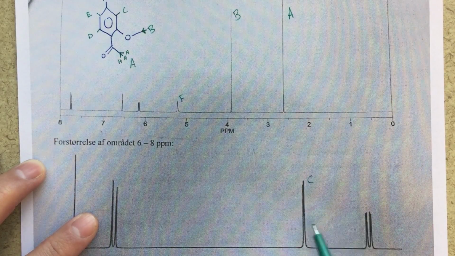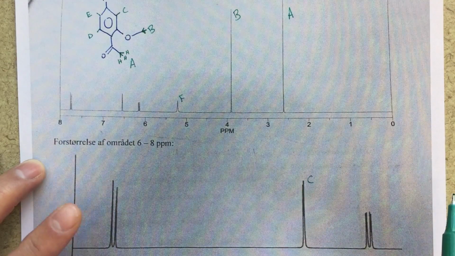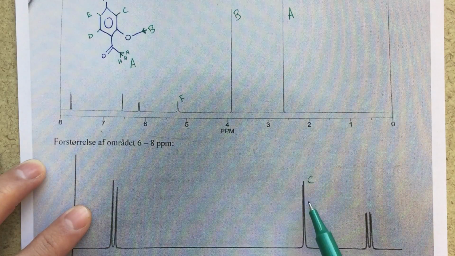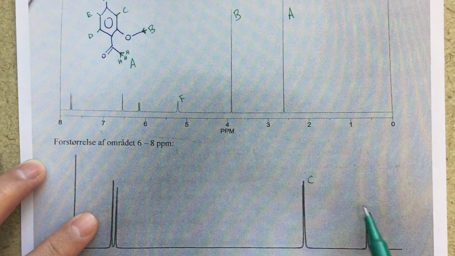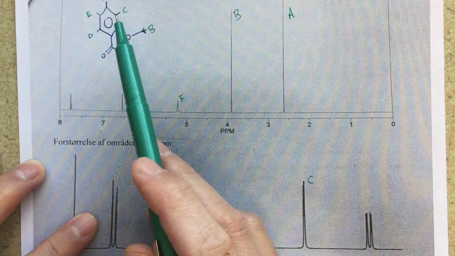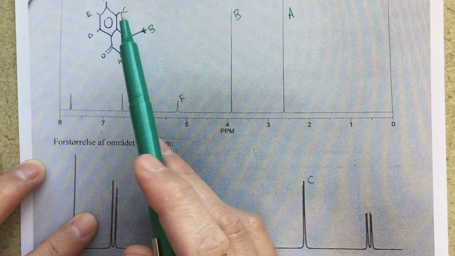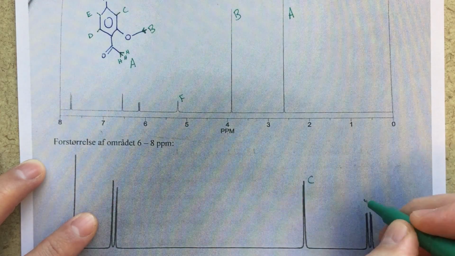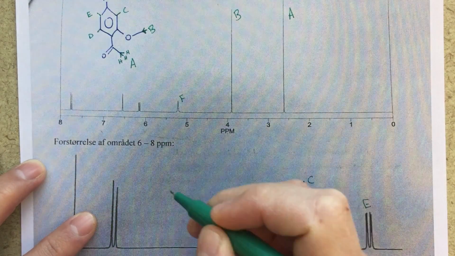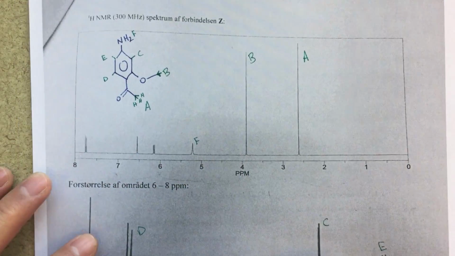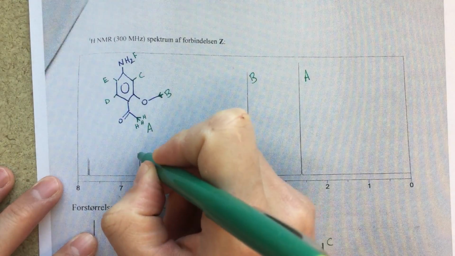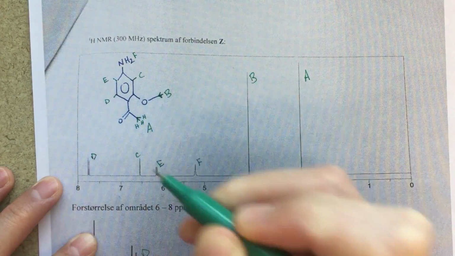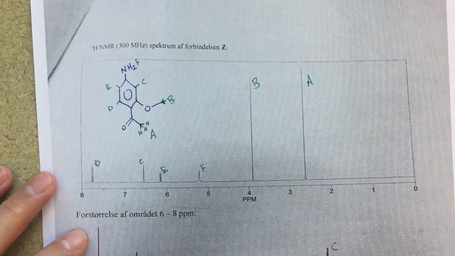These 2 are interacting with one another, they're splitting one another, and this one is not. And so if I look here, well, I know that this one is C. So then, which one is C most likely to interact with? Well, C is most likely to interact with E because it's the closest, and that would be the meta splitting. So I'm going to say that this one is E, and this one then would be D. So putting it all together on this picture, this one is C, this one is E, and this one is D, and that should be it.